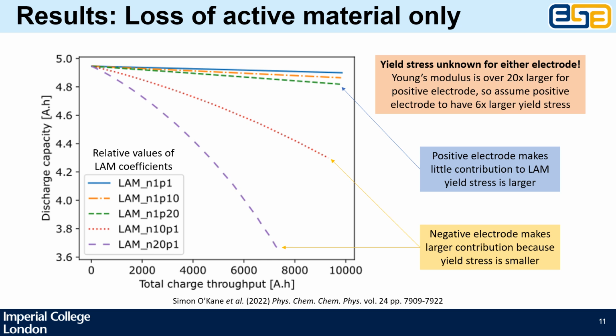But if you turn up the same constant for the negative electrode, you're seeing this positive feedback, because as you lose active material but keep the current the same, you're forcing the same amount of current through less material, which increases the mechanical stress, and you therefore get a vicious cycle, which is what Grenier, Mulder, and Howey predicted in their modeling study.